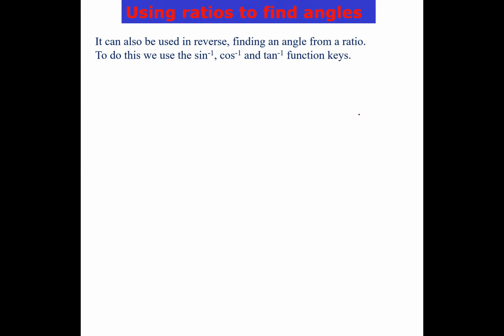If you have a triangle like this one, with C and B and A, and this side is 17, and this side is 12, and you need the measure of this angle, then tan C, because you have the relation between opposite and adjacent according to this angle, tan C equals opposite over adjacent.